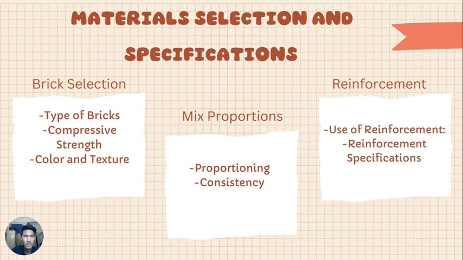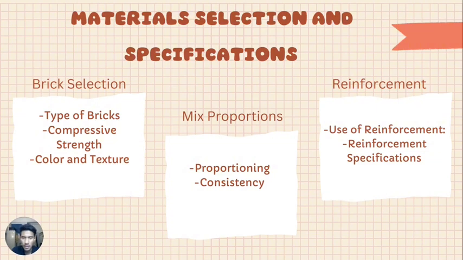So for material selection and specification, we have three here: brick selection, mix proportion, also the reinforcement. For brick selection, must consider the type of brick, the compressive strength, the color and texture. For the type of brick, choose brick based on the specified requirement for the project. Common types include clay brick, concrete brick, and so on.